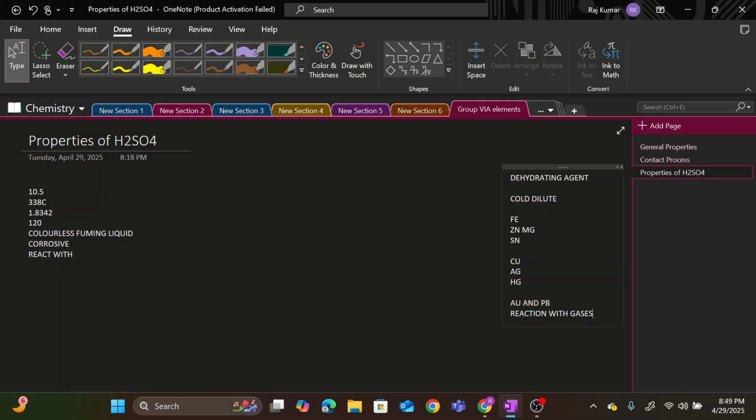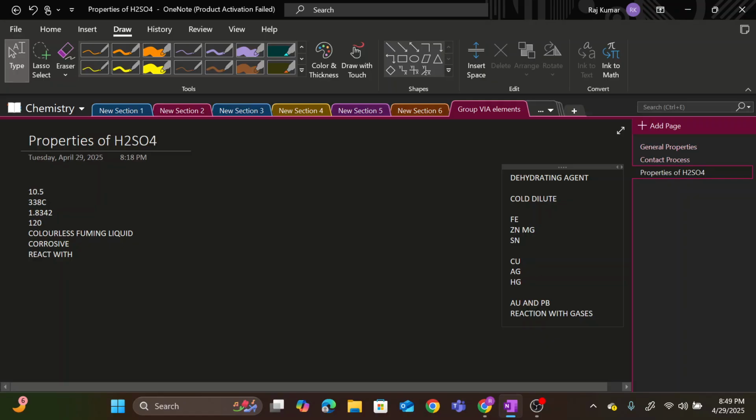For example, when barium chloride, lead nitrate, and titanium nitrate are reacted with H2SO4, they create white precipitates of barium sulfate, lead sulfate, and titanium sulfate.